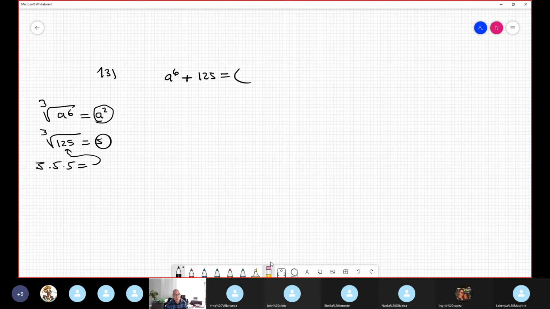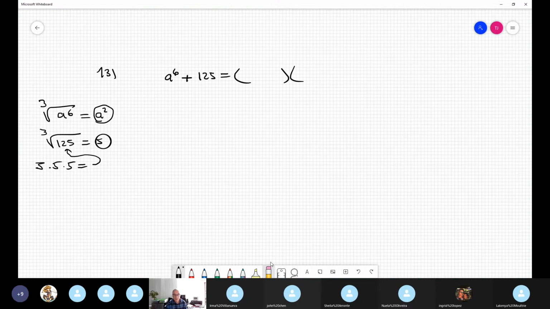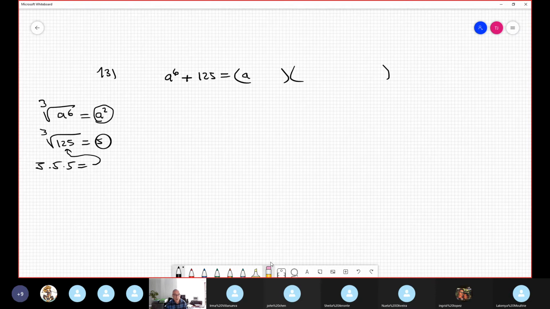So you separate into binomial and trinomial. The binomial is a squared plus 5. And the trinomial is a to the 4th power, which is the square of this, minus, because it's plus here, multiplication of both, which is 5a squared, plus the square of the second, which is 25.